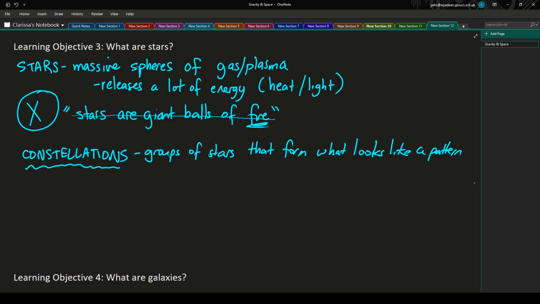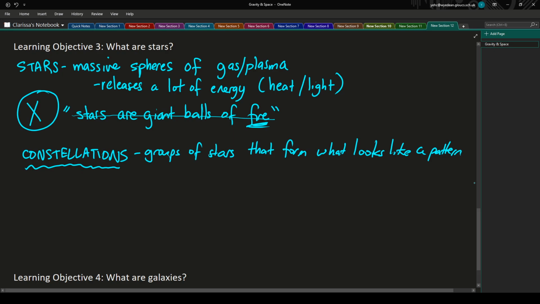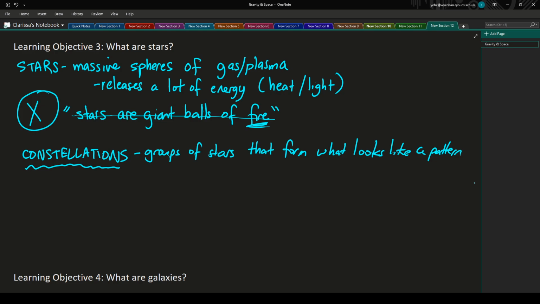It looks unchanging. So way back in history, before we developed radar, GPS, compasses, people used to navigate by looking at the sky and identifying constellations. They would spot patterns in the night sky, give them a name such as the Big Dipper, or Orion, things like that, and try to navigate using that as a fixed point.